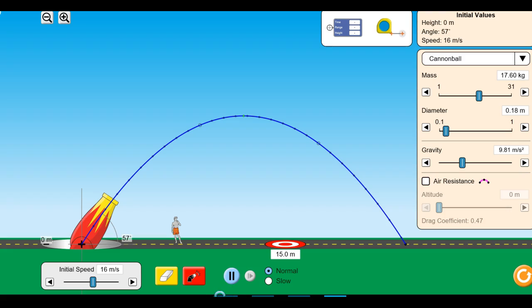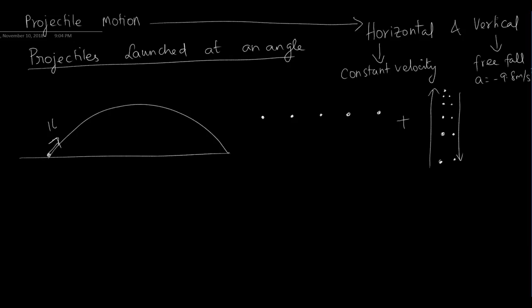So let's look at what we have done here. I have launched the projectile at 16 meters per second at an angle of 57 degrees. So we're going to take those numbers from there, 16 meters per second at 57 degrees. And we want to analyze how much time the projectile stays in the air and how far it goes and so forth.